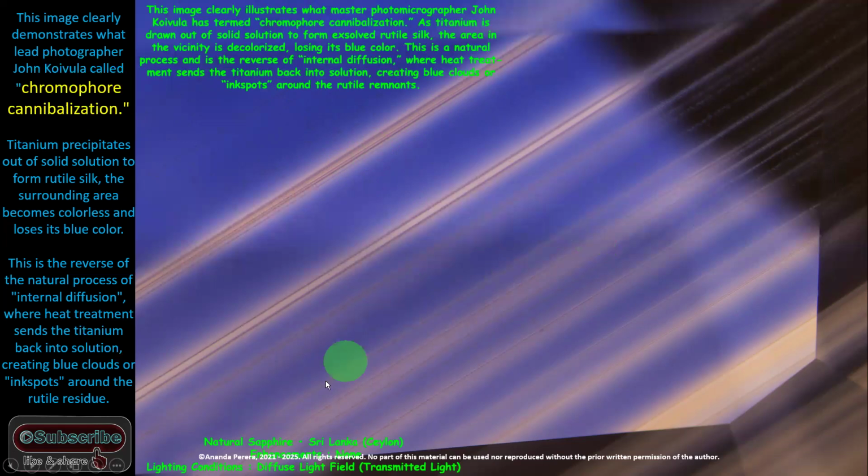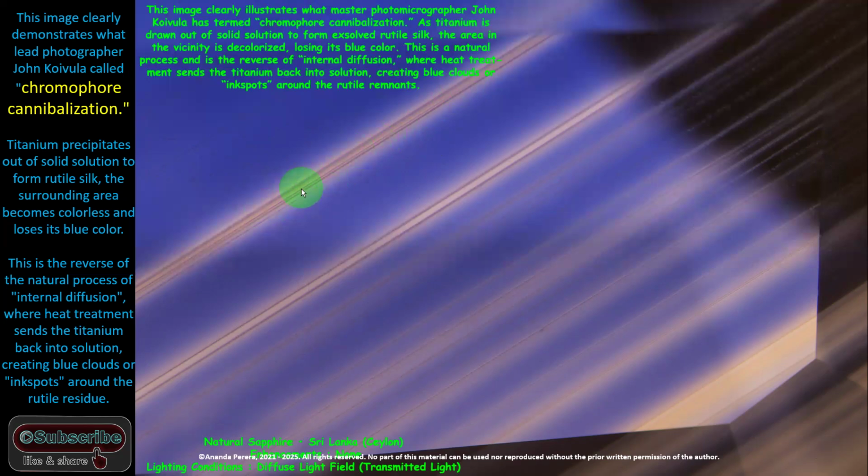Before we move on, we have discussed the lighting conditions here. Diffuse light field is the lighting condition. Transmitted light, diffuse light field. You can see chromophore cannibalization is the name in gemology. Titanium precipitates out of solid solution to form rutile silk. The surrounding area becomes colorless and loses its blue color.